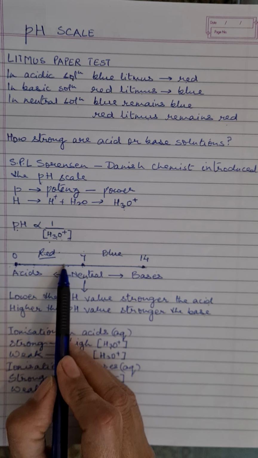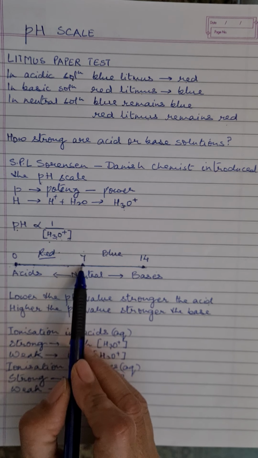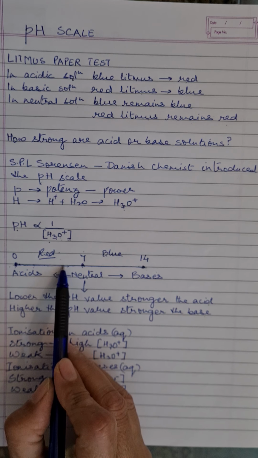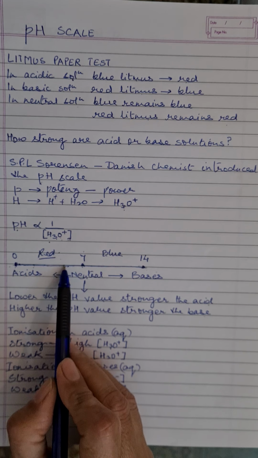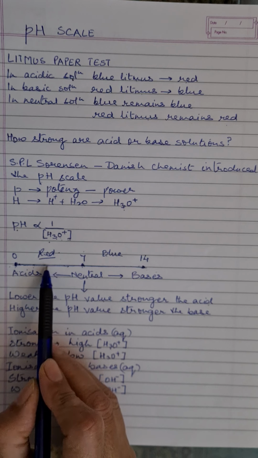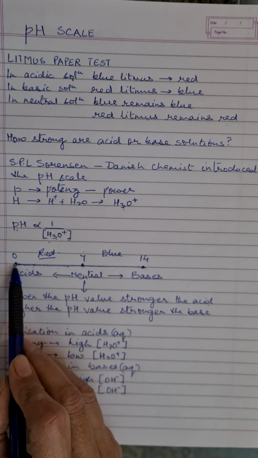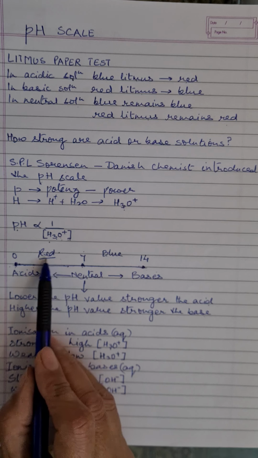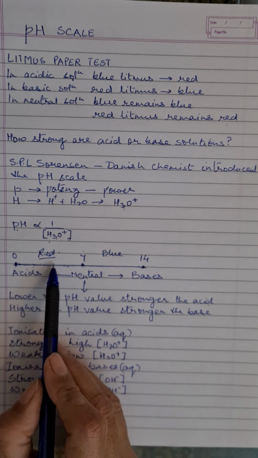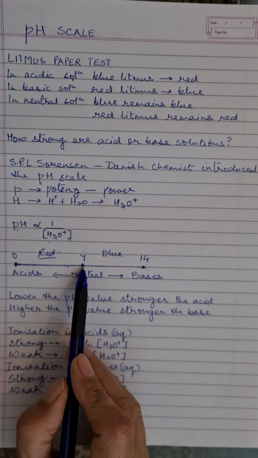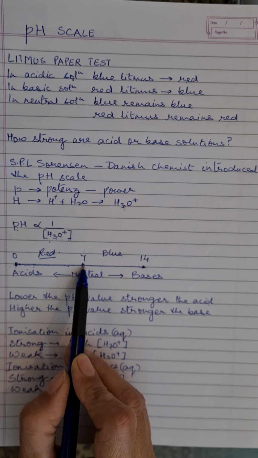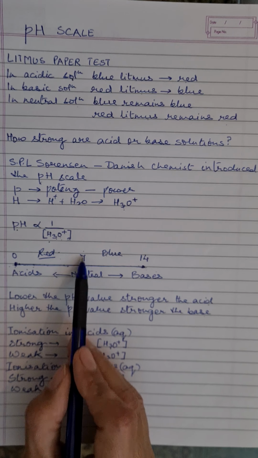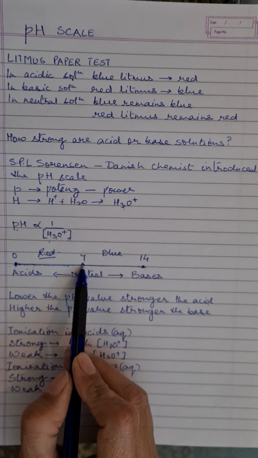So nearer to 7, that is 6 and 5, we have weak acids, and then moderate acids, and then we have the very strong acids, for example, our mineral acids such as HCl, H2SO4 and HNO3. Then our moderate acids such as citric acid, and weak acids, our example is that of vinegar. Neutral is our water.